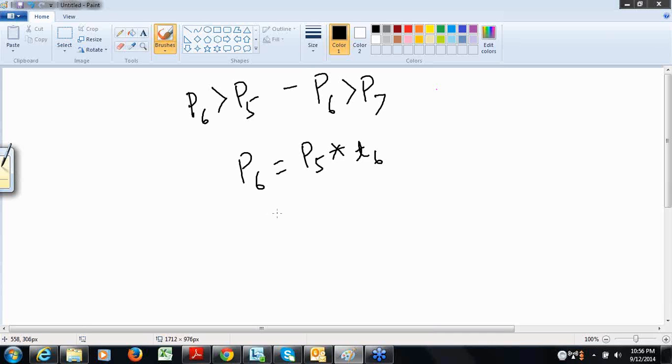And P7 will be what? P6 into T7. Now P6 is greater than P5. If this is the case, what will it imply? This will imply that T6 is greater than 1.